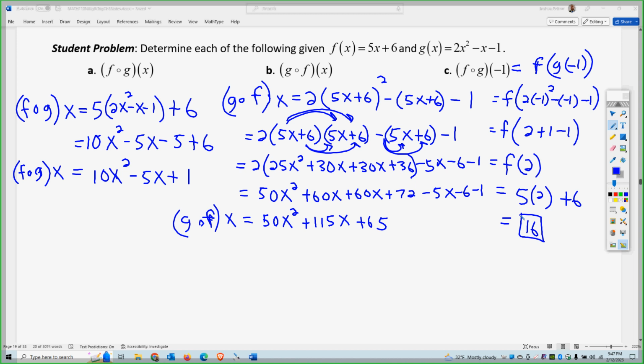Okay, so if we plug it in the other one, we should also get 16. We're plugging in negative 1, right? So let's try it out. So we have 50 times negative 1 squared plus 115 times negative 1 plus 65. Okay, so the squared is going to cancel out, right?